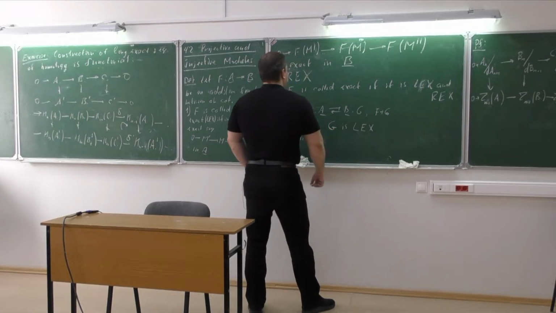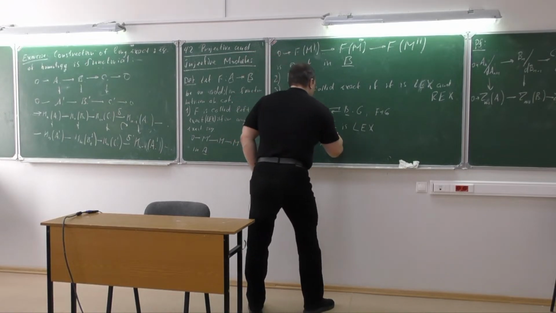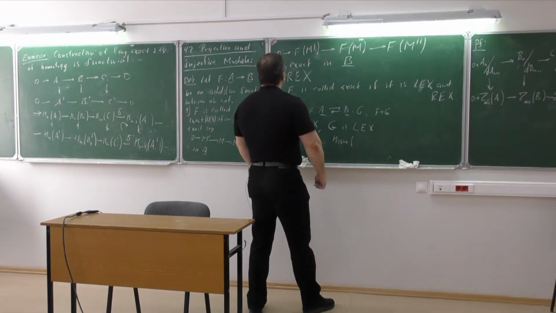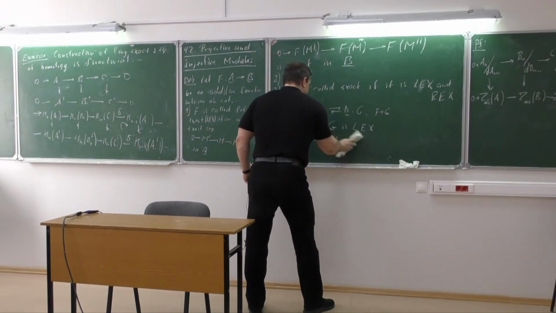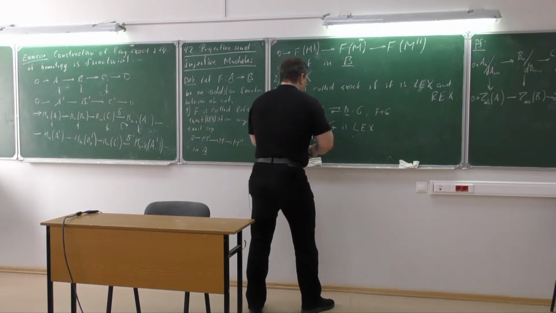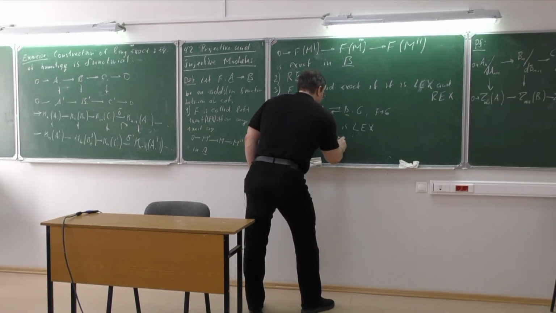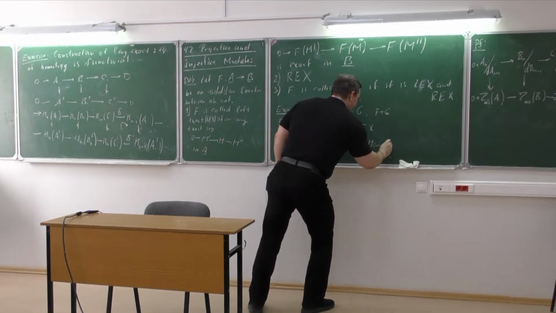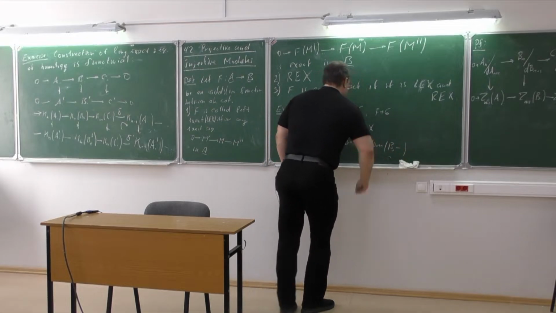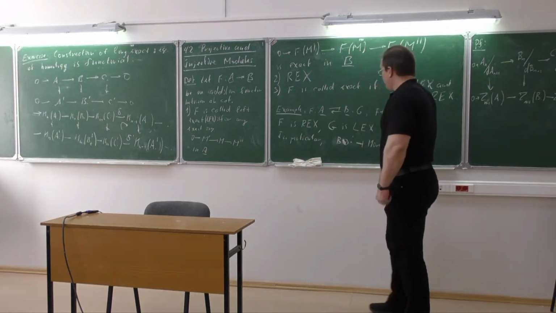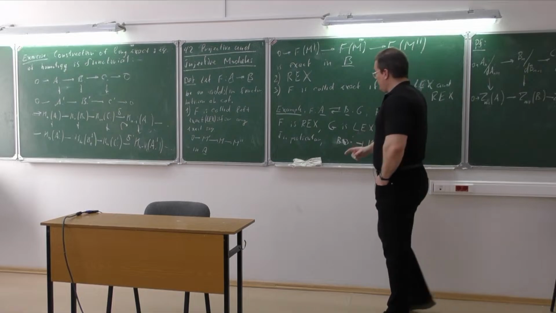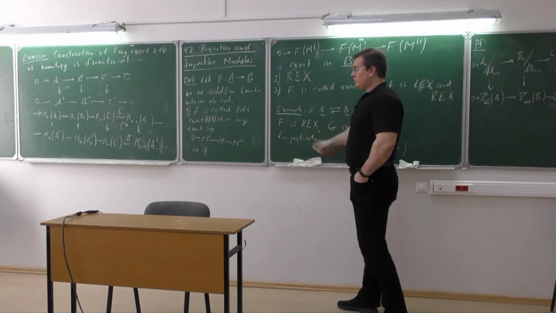So in particular, the example that we know is the adjunction between tensor product and home. So tensor product is left adjoint, and since this is a left adjoint, this is right exact always.